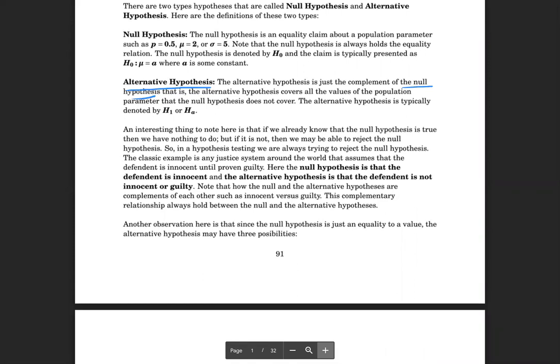In the true complement sense, if mu is equal to some value a, the true complement is mu is not equal to a. But we do test also mu is greater than a or mu is less than a. But generally speaking, we say that the alternative is the complement of the null.